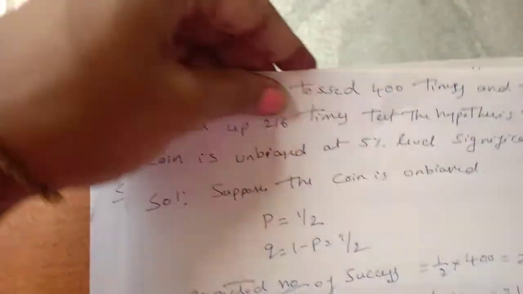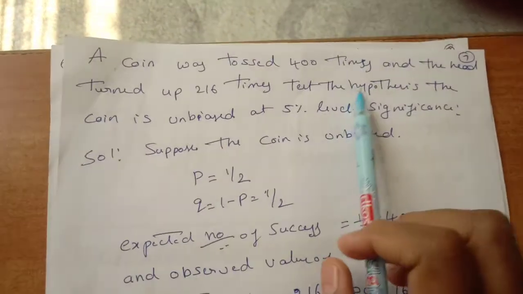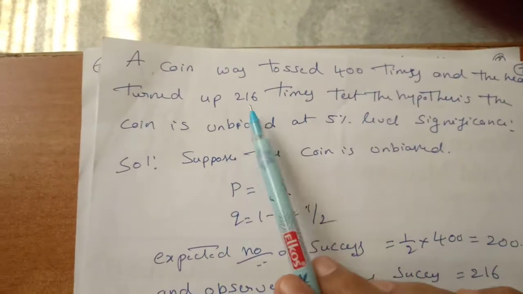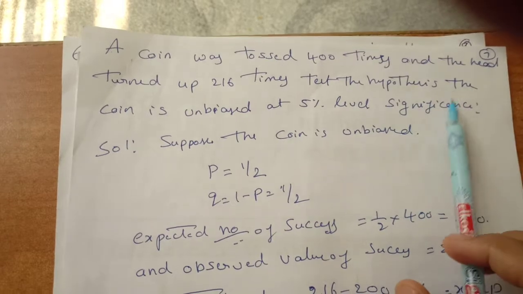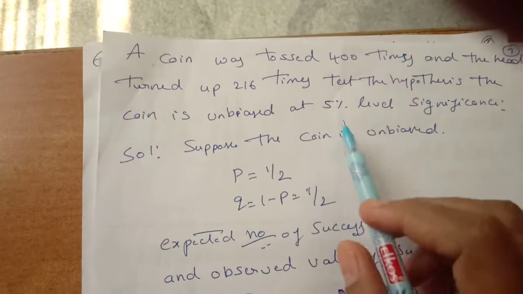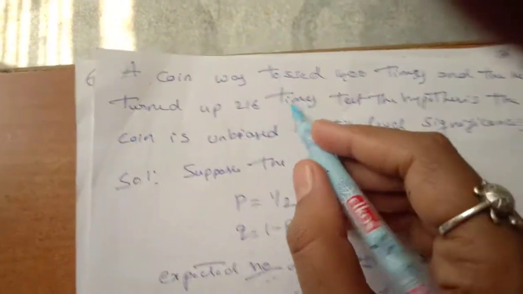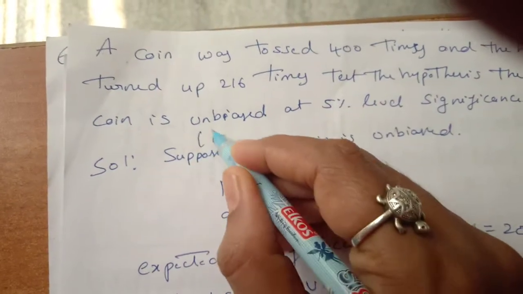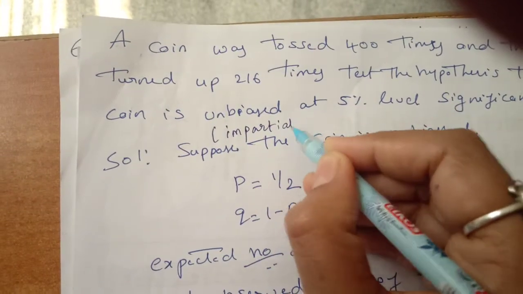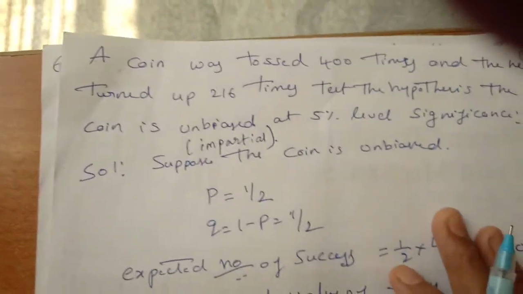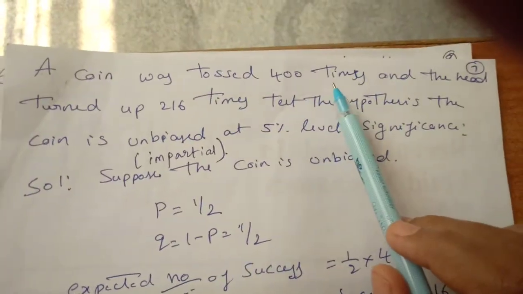So this is the first problem. A coin was tossed 400 times and the head turned up 216 times. Test the hypothesis that the coin is unbiased at 5% level of significance. So unbiased means impartial. Without any partiality, if you toss a coin, how many times is it tossed? 400 times.